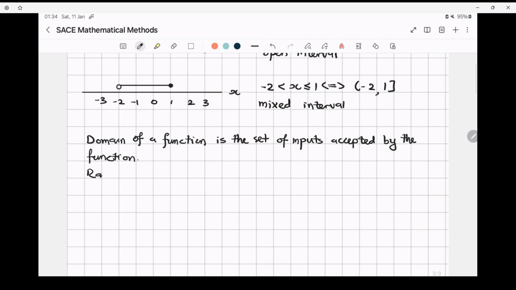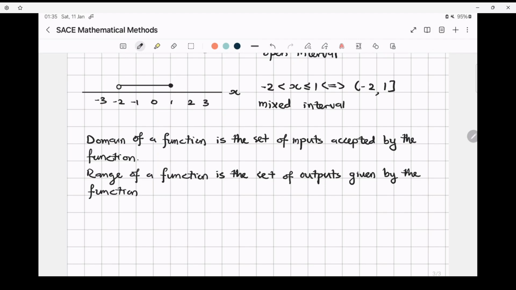So the range of the function is the set of outputs given by the function because of the domain.